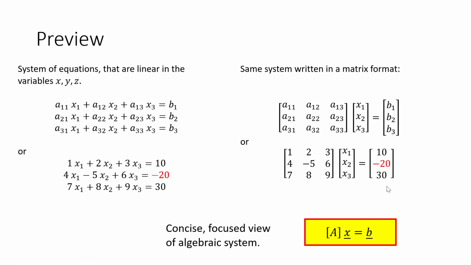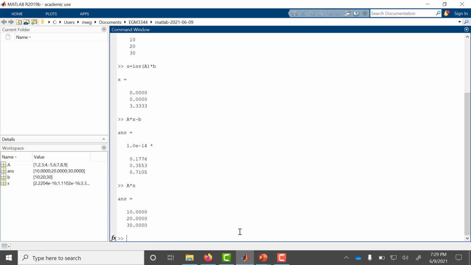So I thought I might change it up a little bit and change the B2 from 20 to maybe a minus 20 and kind of recast this and see what I get. So when I go and look at it in Matlab, I'm going to say the second B is going to be equal to minus 20.